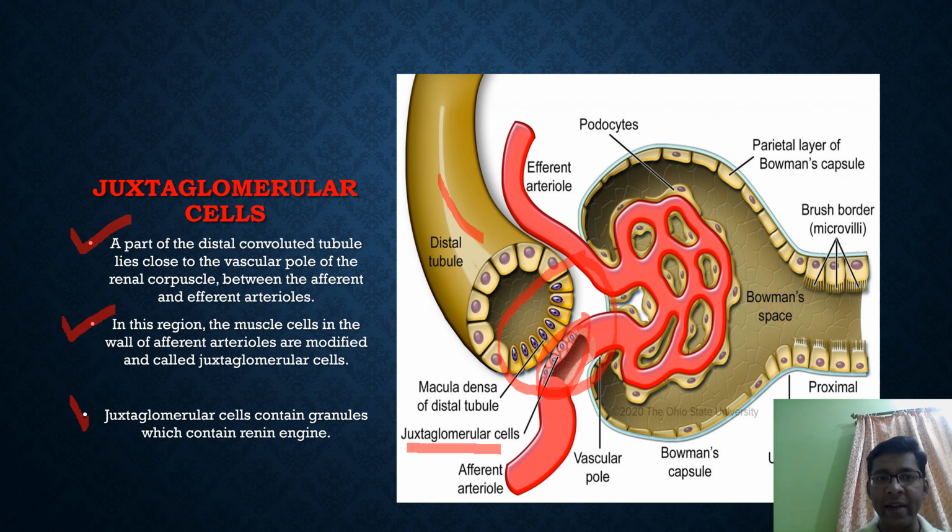Very important line, next line: juxtaglomerular cells contain granules. They contain granules which contain the renin enzyme. Renin is a very important enzyme which is secreted by the juxtaglomerular apparatus and very specifically the juxtaglomerular cells.